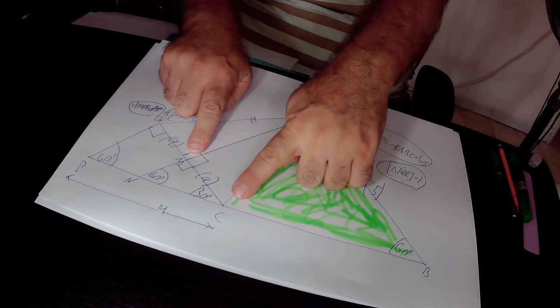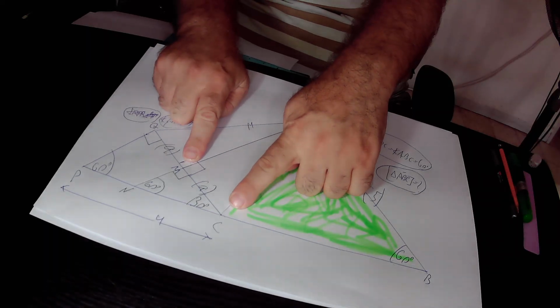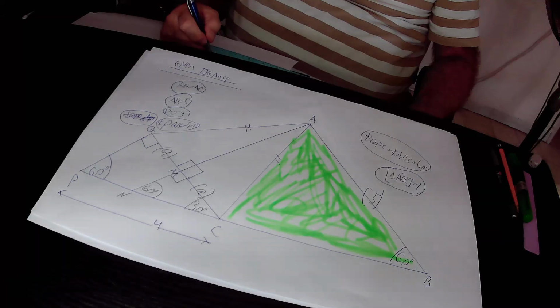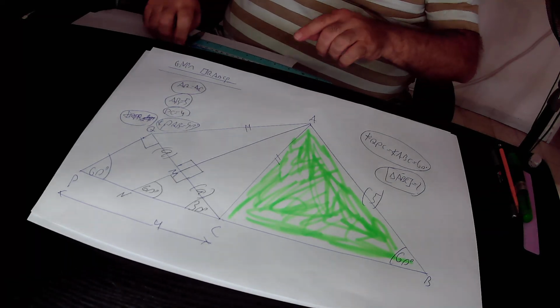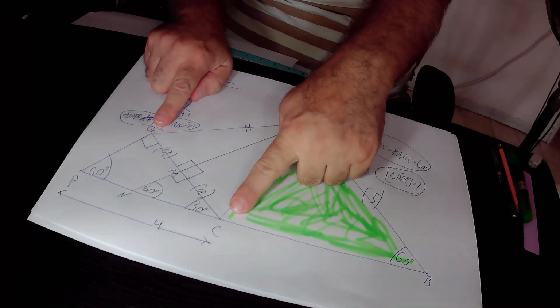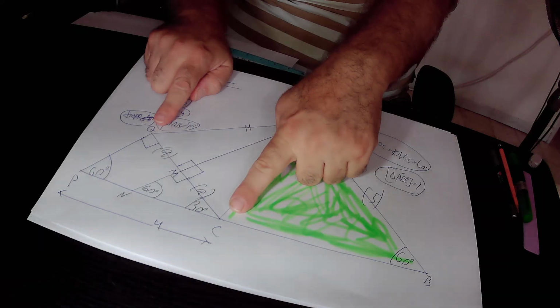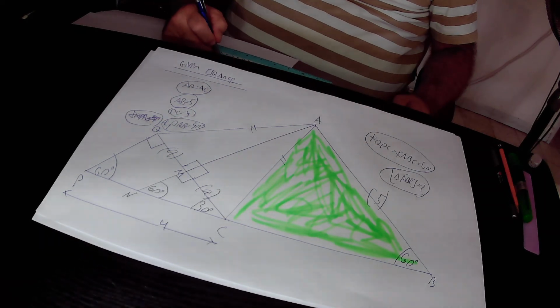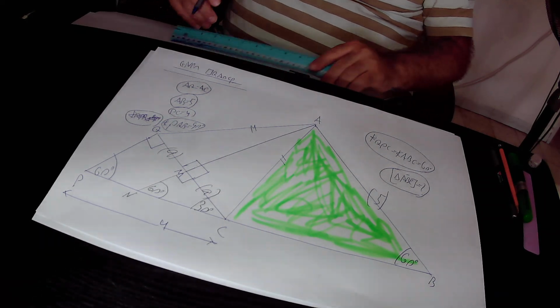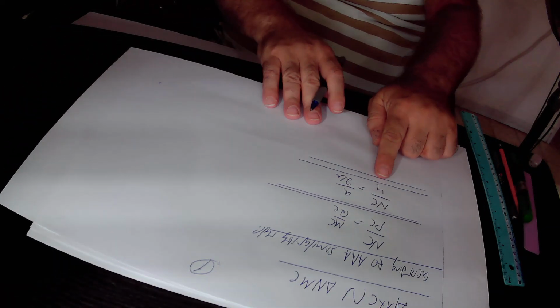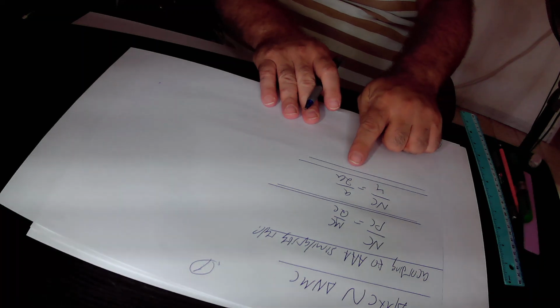MC equals a unit in its length, according to our definition, over side QC. QC equals A plus A, that is 2A, also according to our definition. So in total we found out that NC over 4 equals A over 2A.